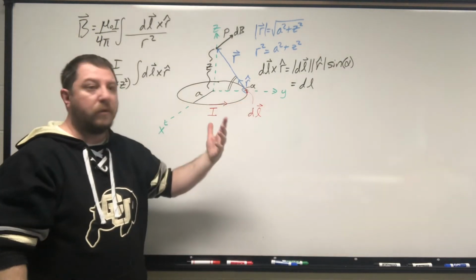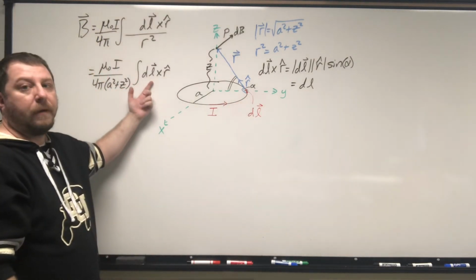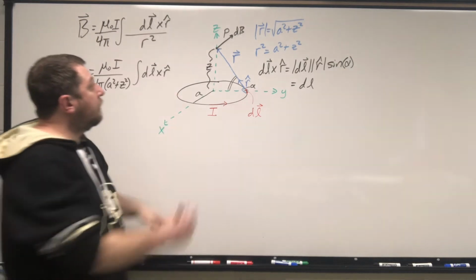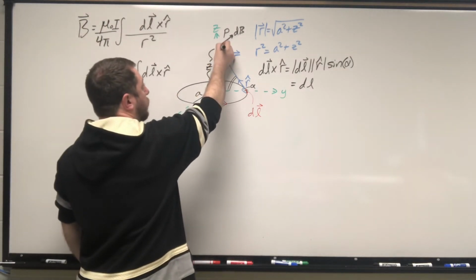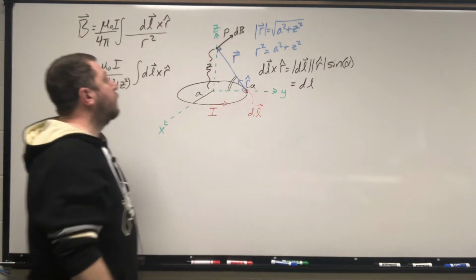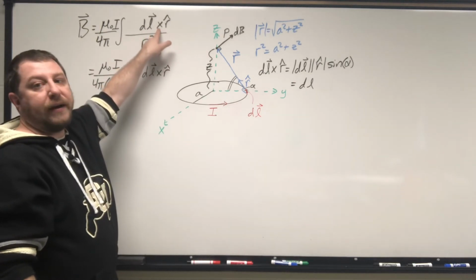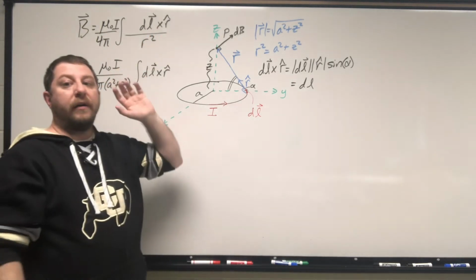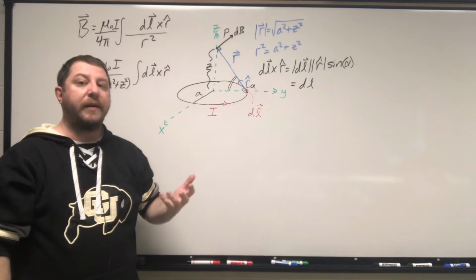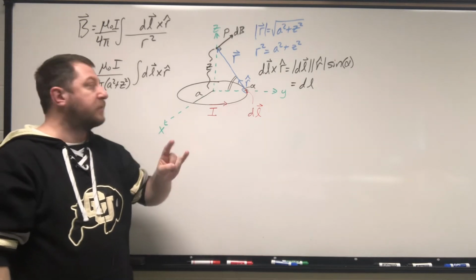To get the total, we would need to integrate, all right? But this will always be at a right angle, okay? That's the crucial point. And that right angle comes right out of the cross product. The result of a cross product will always be perpendicular to the two components.